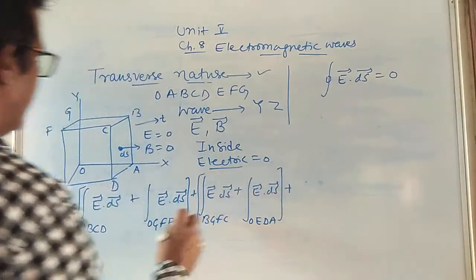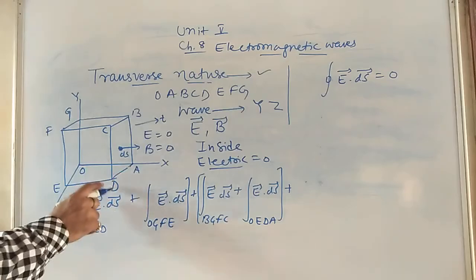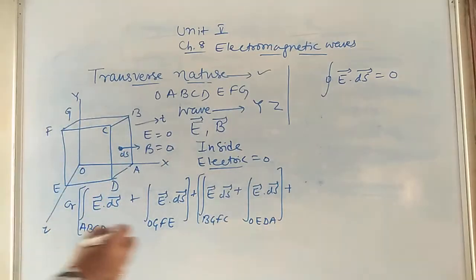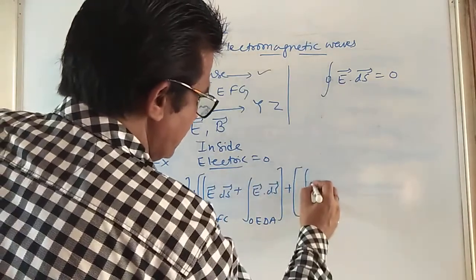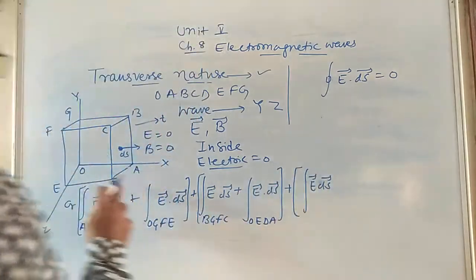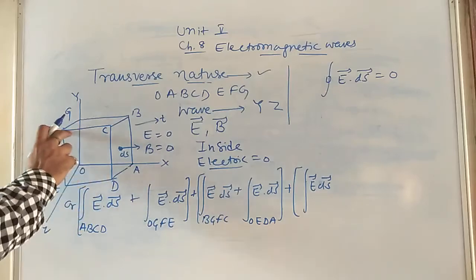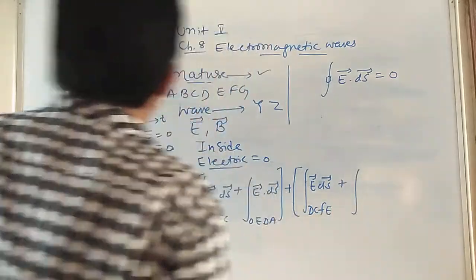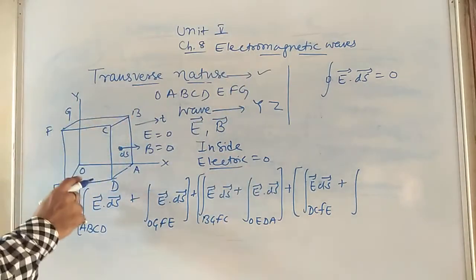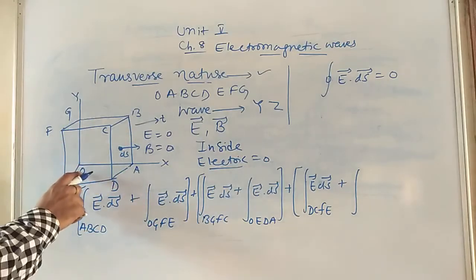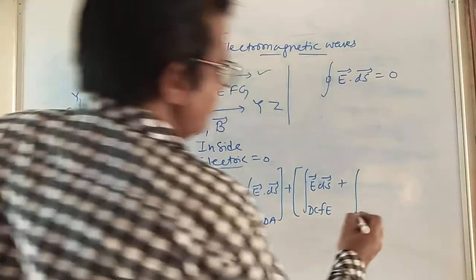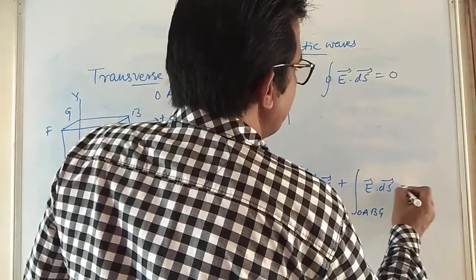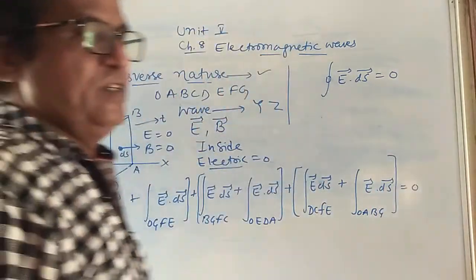Then the another one, D, C, F, E and O, A, B, Z, E dot ds, that is equal to 0.